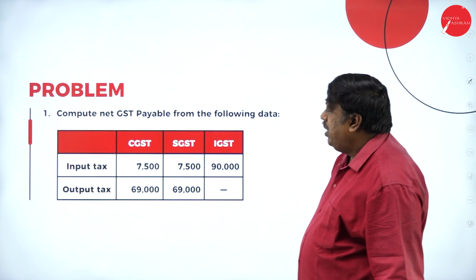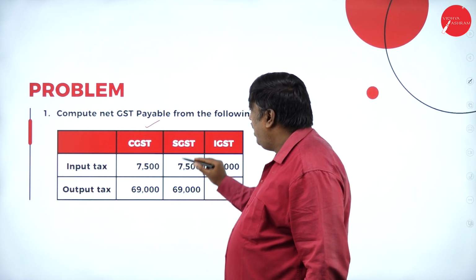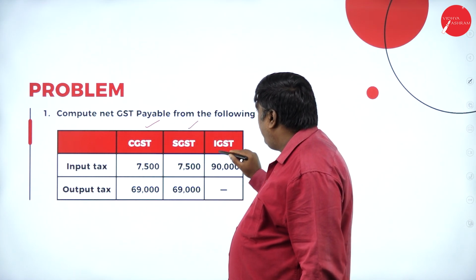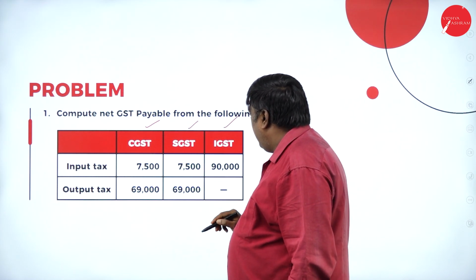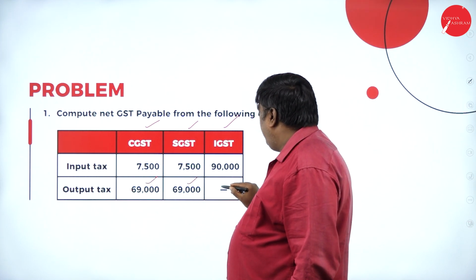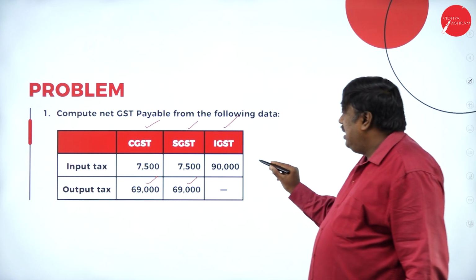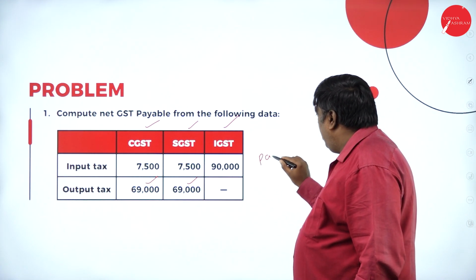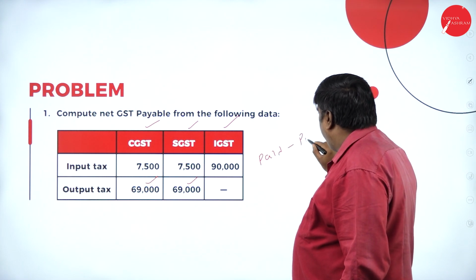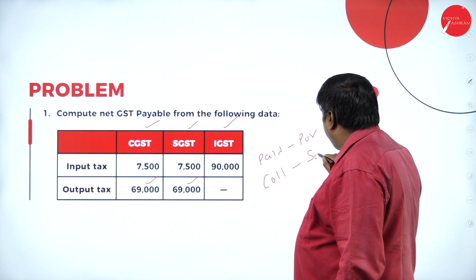Let us solve a problem here. Input tax: CGST 7,500, SGST 7,500, IGST 90,000. Output tax: 69,000, 69,000, nothing for IGST. What is input tax and what is output tax? Input tax is tax paid at the time of purchase, and output tax is tax collected at the time of sales.